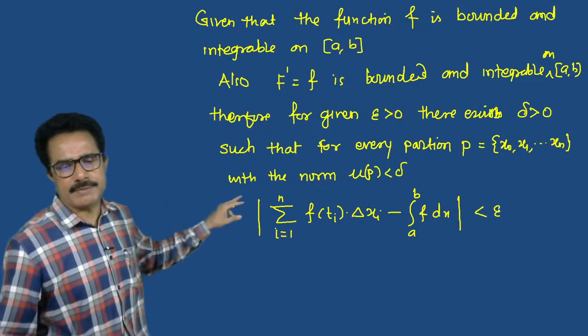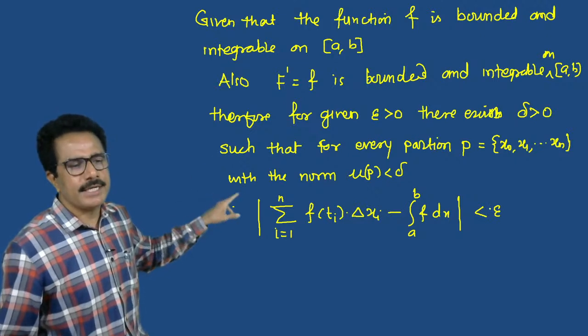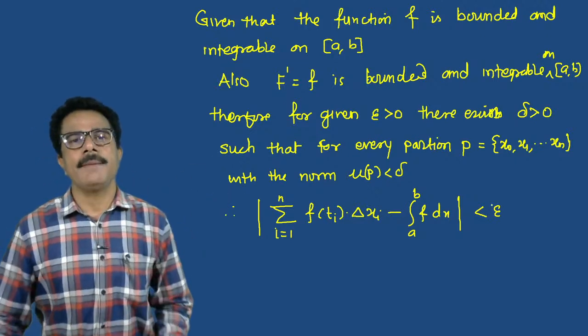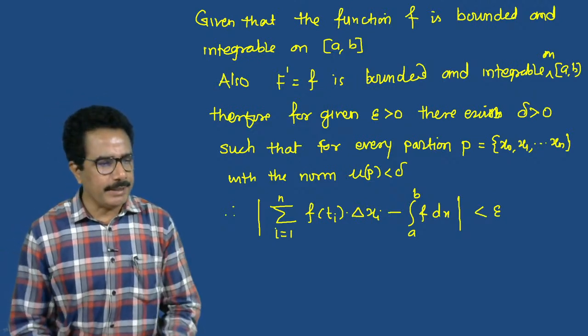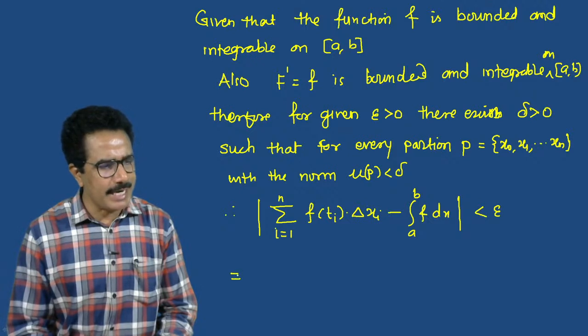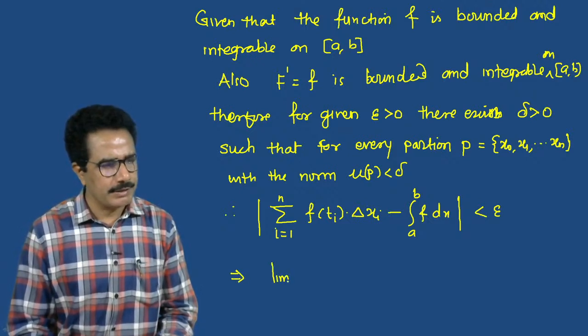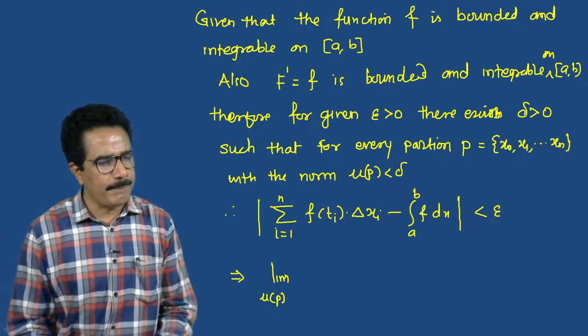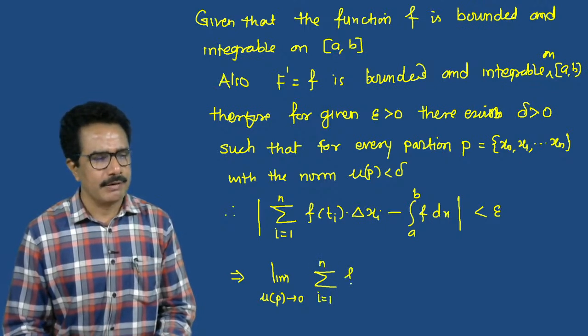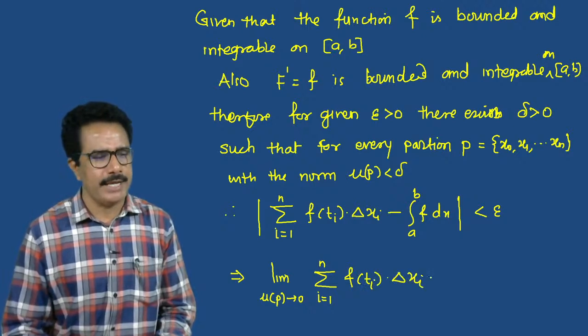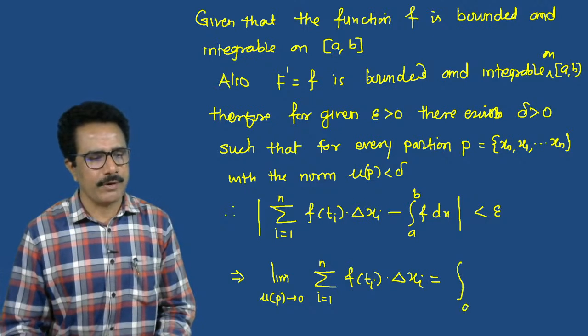See here, this is the definition of the Riemann sum. We have to use the definition of the Riemann sum. This implies that limit as mu of p tends to 0 of summation i equals 1 to n of f of ti into delta xi is equal to the integral from a to b of f dx.